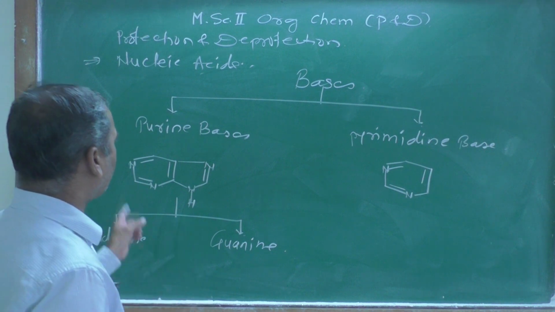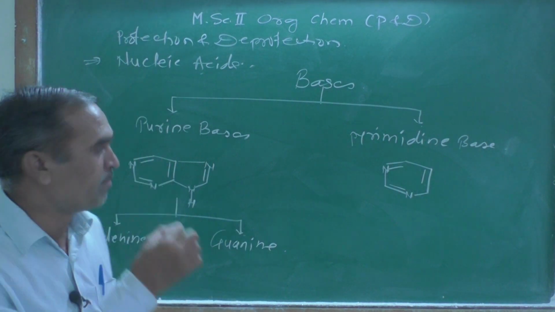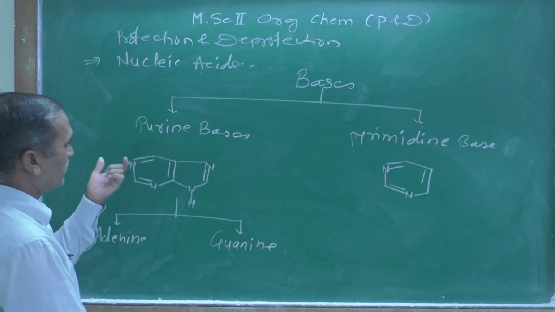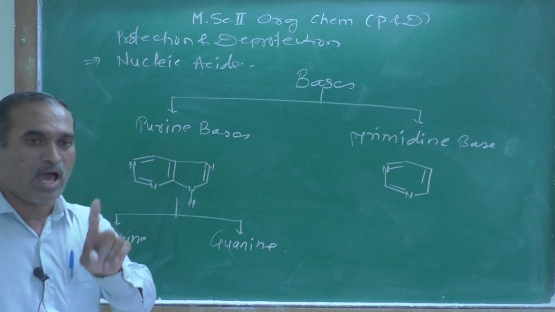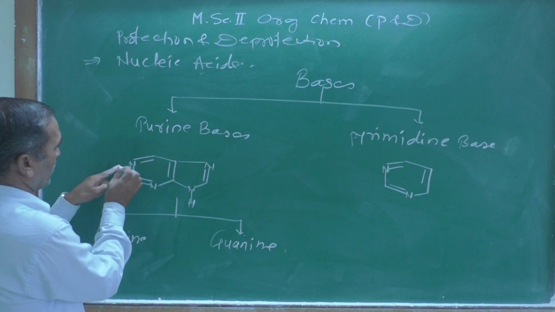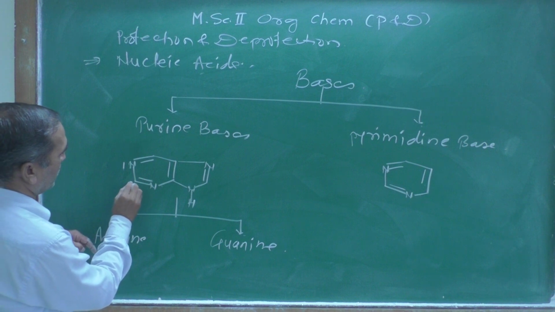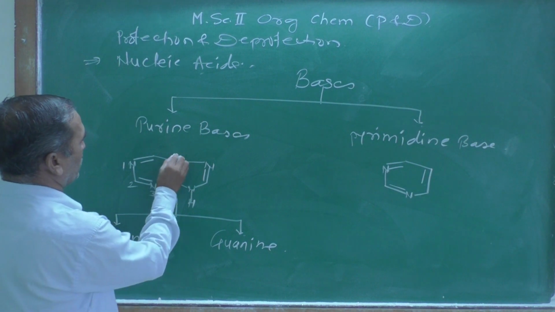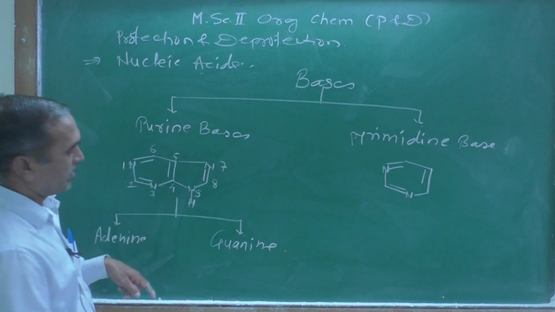Now before that, let me tell you the nomenclature, the numbering system given to this type of compound. Heteroatom always gets number 1. Therefore, look here at the numbers. This nitrogen atom should get the first number, then second one, this one is the third, fourth, fifth, 6, 7, 8 and 9.